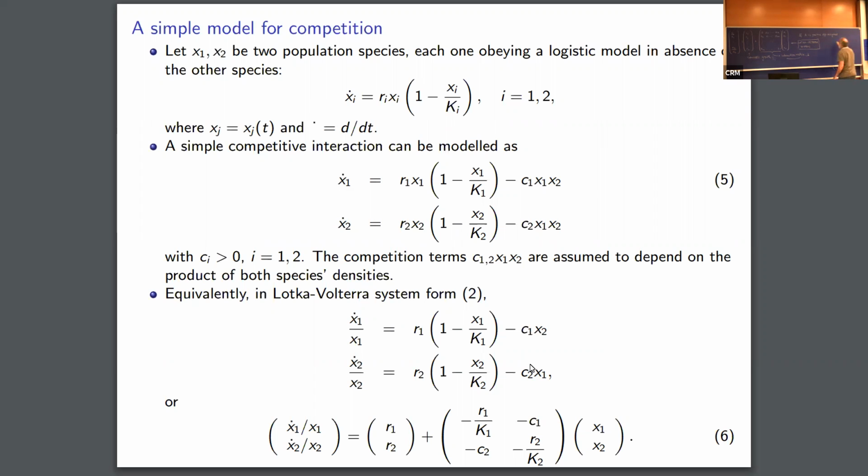Equation number 5 has a part which is the logistic model. I think it's much better if I write on the blackboard. So, my first competition model.